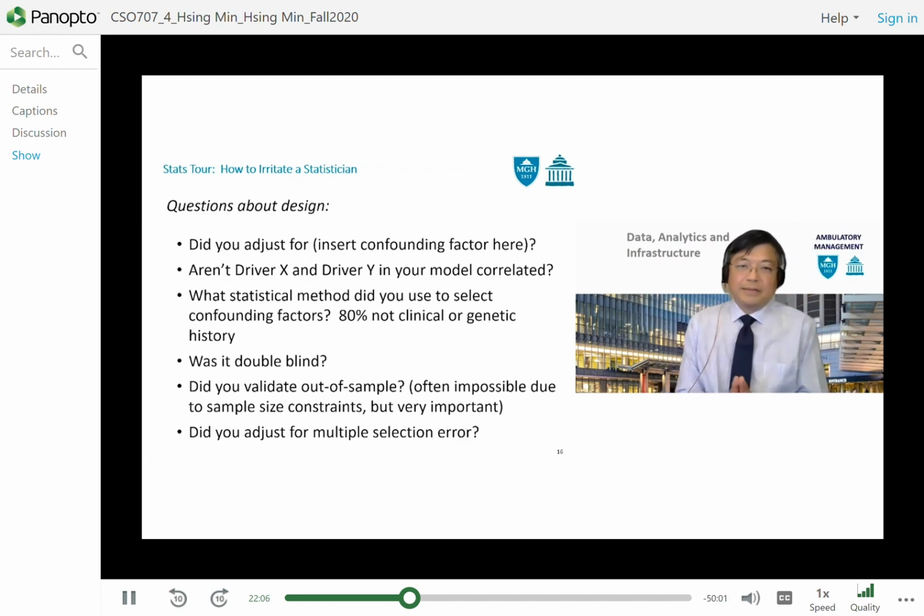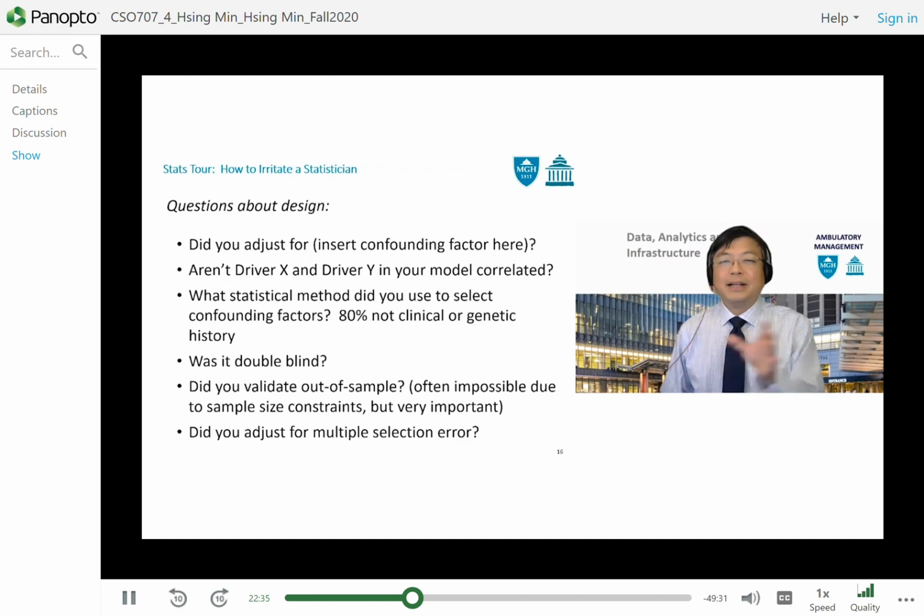Did you validate out of sample? This is an irritating question because often it's impossible to do it because the sample size is not big enough, but it's really important. Traditionally, what you do is you take a data set, you hold out a portion and train the model on the rest, and then you prove out the model on the part you held out. But there should be no big surprise that the model is going to validate well against the holdout sample, because the training and holdout data sets were randomly selected from the same population.